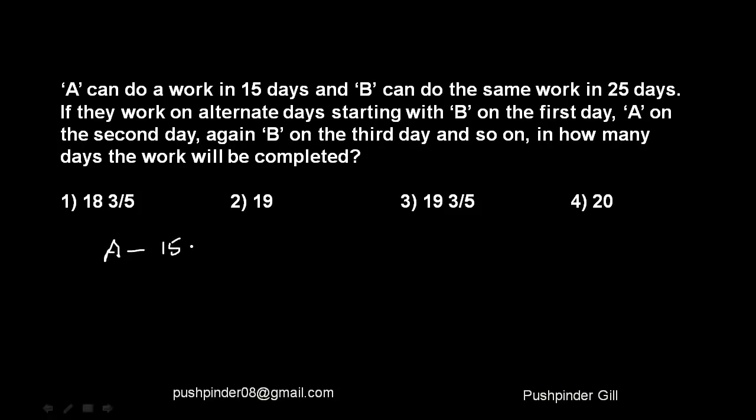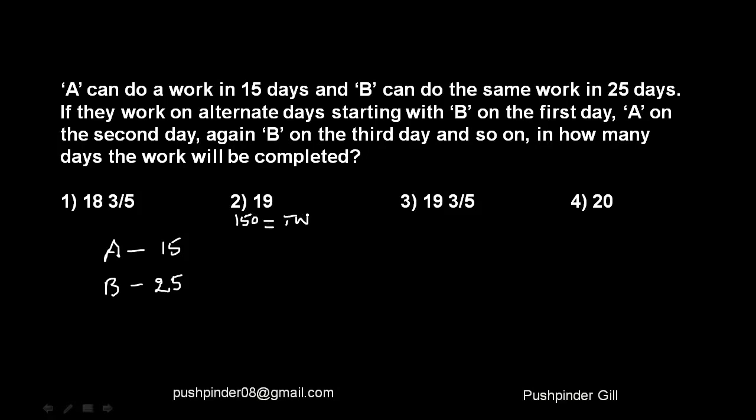So A does the work in 15 days and B is able to finish that same job in 25 days. Now let us assume some number of units. Give me a good number which is divisible by 15 and 25. Yes, let's assume the work to be of 150 units, right?